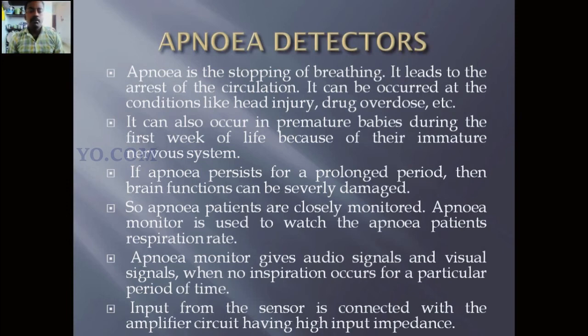If apnea persists for a prolonged period, then the brain function can be severely damaged. So மூச்சு திணறல். So if apnea is present for a prolonged period in premature babies, then the brain function can be severely damaged.